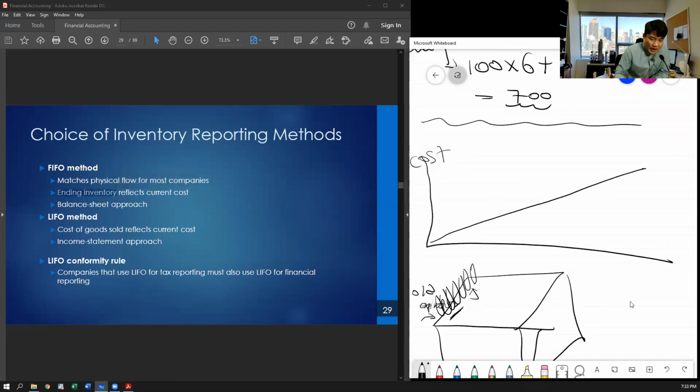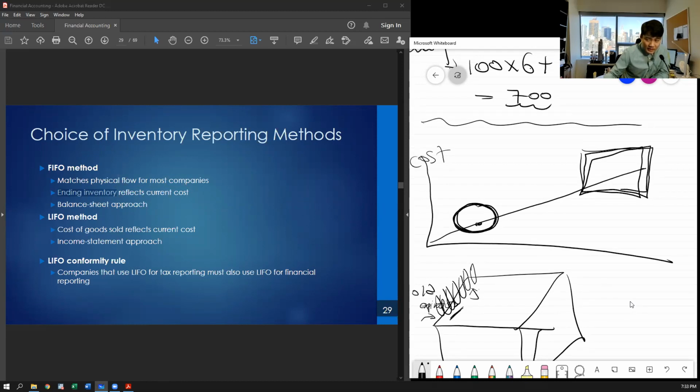So using this graph, if the company is following FIFO, they are using most of their items for sale on this first part. So what's left at the end of the year is mostly centered on this.